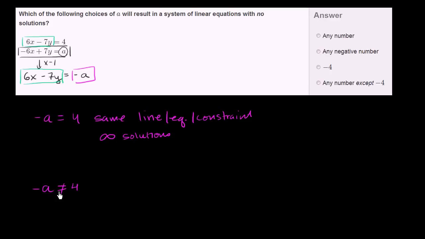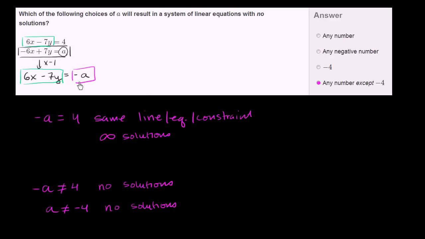So if negative a is not equal to 4, then you're going to have no solutions. Or another way of saying this is if a does not equal -4. Obviously, if a is equal to -4, then negative a is going to be equal to 4. So as long as a does not equal -4, you're going to have no solutions.